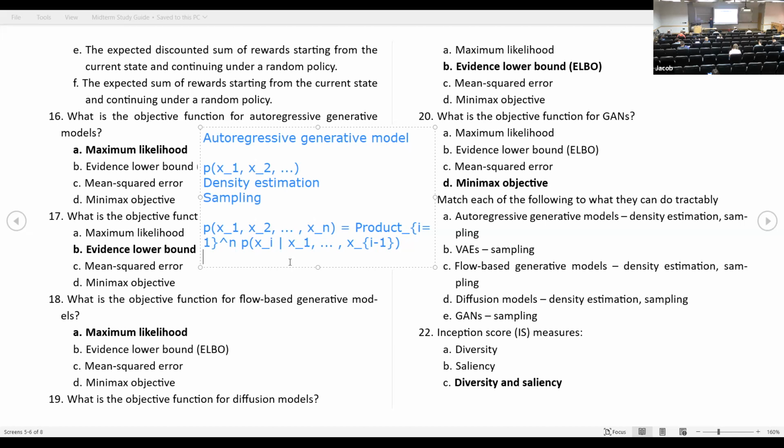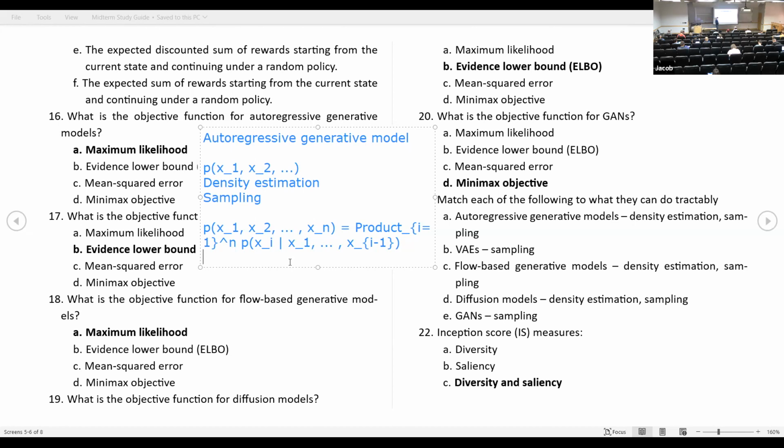Close. So with a normal distribution, we can do tractable density estimation. So we can just take the value of the normal distribution at that Z vector. The Gaussian function takes as input a vector X. We put Z in as that, and we can get out a probability.